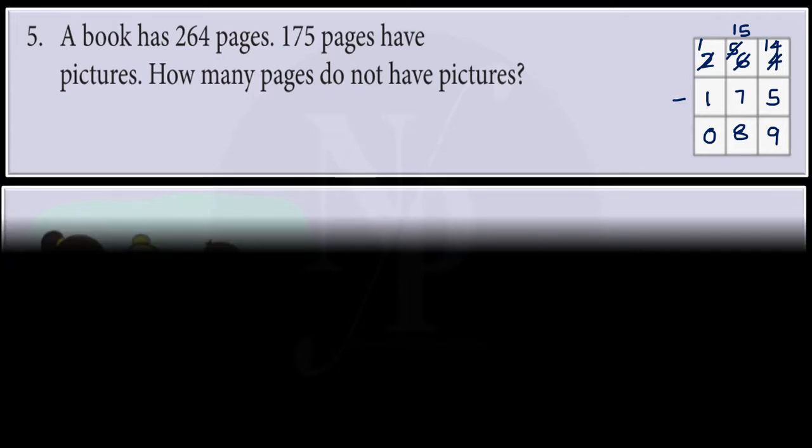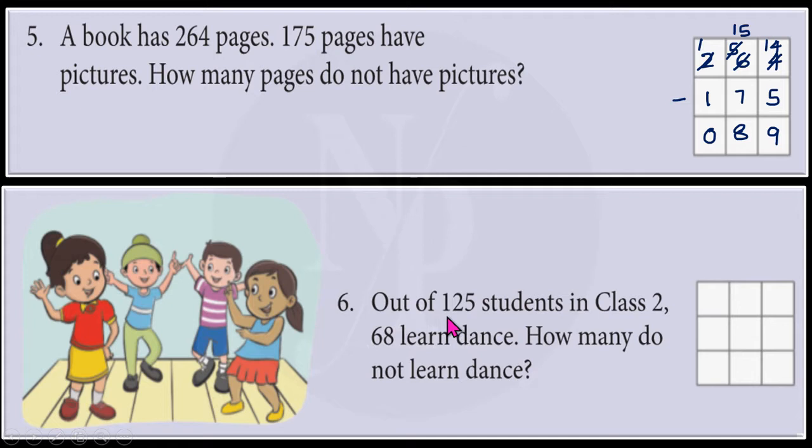Question number 6. Out of 125 students in class 2, 68 learn dance. How many do not learn dance? So in class 2 of a school there are 125 students.